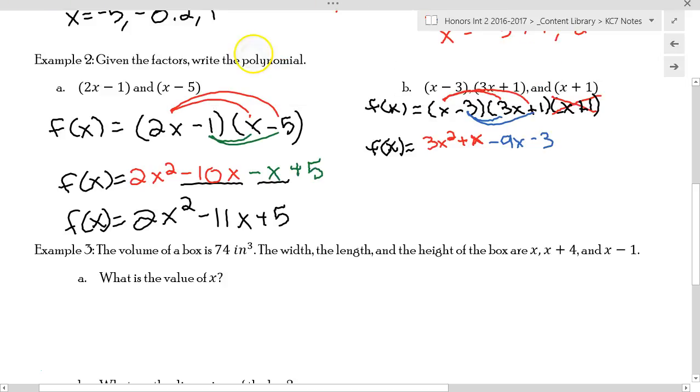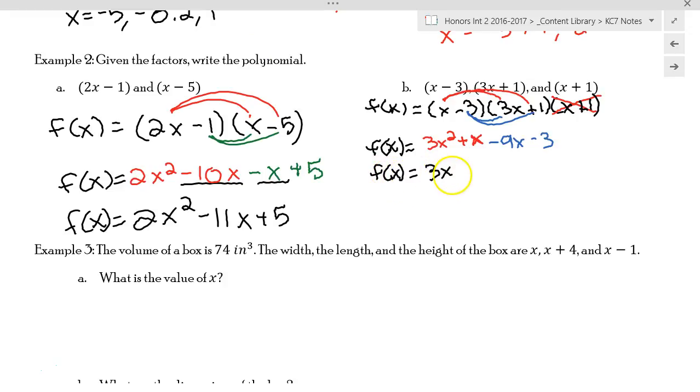I'm going to combine my like terms here. So f of x equals 3x squared plus x minus 9x is minus 8x minus 3. Okay? So I've multiplied the first two. Now I have to bring back that x plus 1.